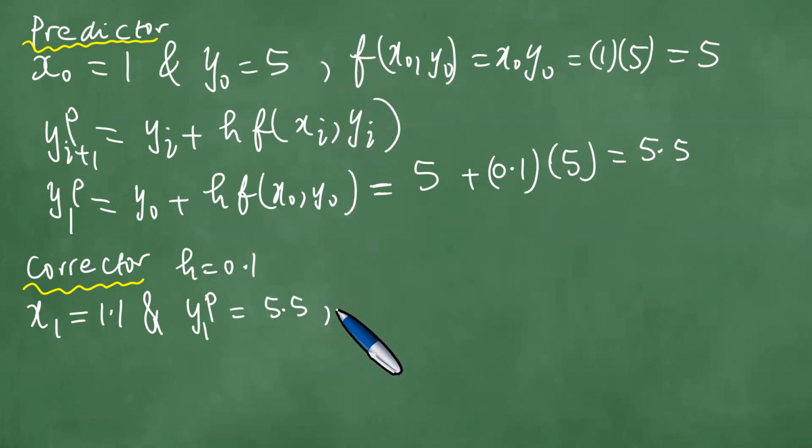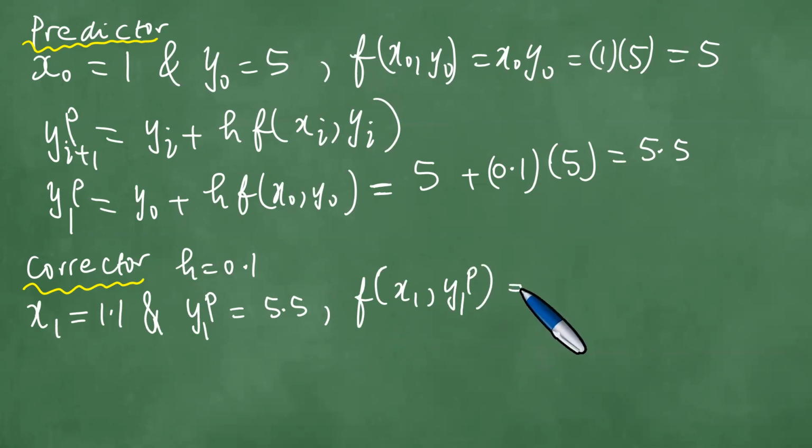And then now we're going to do the product. If you have xi plus 1, yi plus 1, we need to just put these in. So it's going to be x1, then y1 predictor.